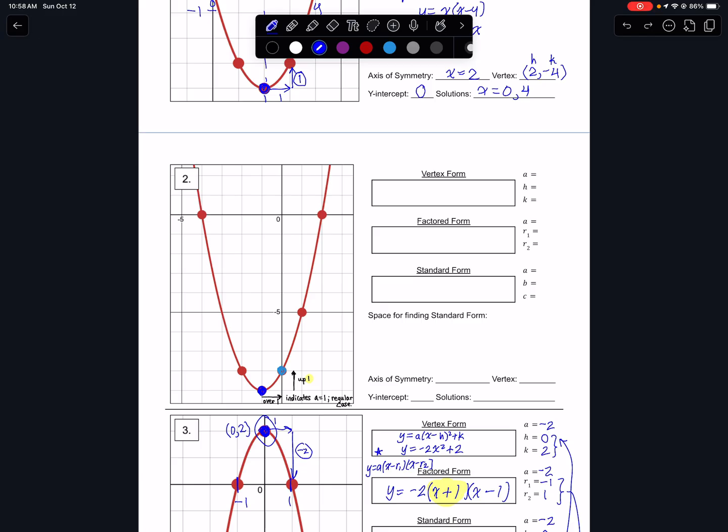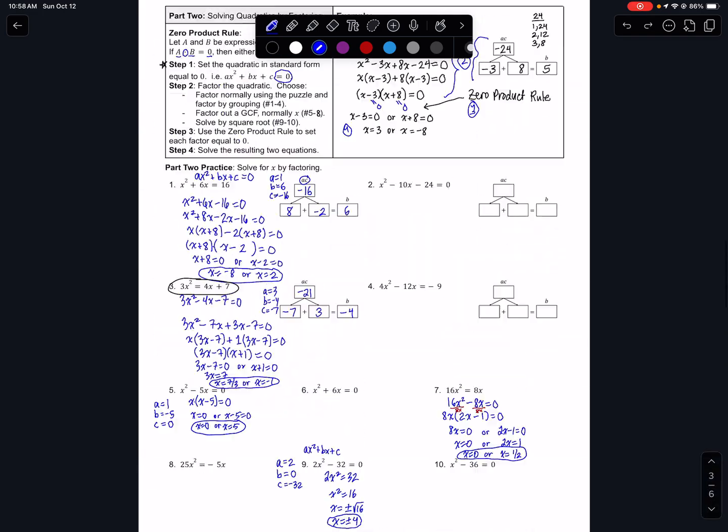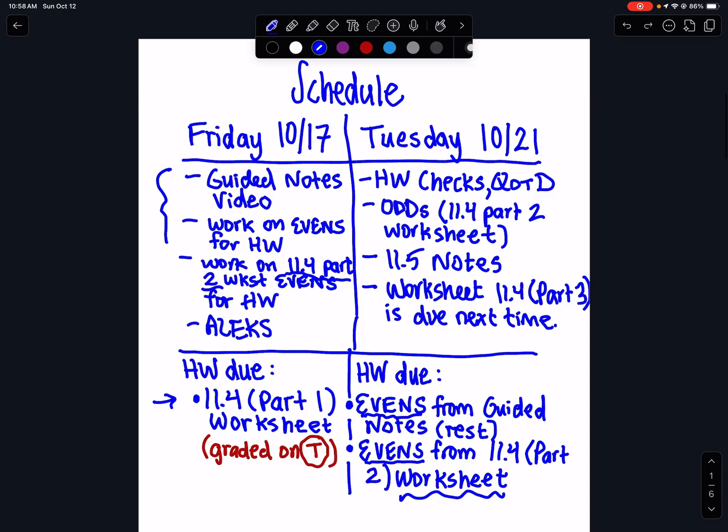So again, you're going to get these guided notes, you're going to finish up the evens, and then you have to do the evens of another sheet that you will get called the part 2 of 11.4 worksheet, okay? So you have 2 things to work on, well, really 3, because Alex is always there. Today is the deadline for Alex, trying to get that 20% and all those topics in, 10 topics in.